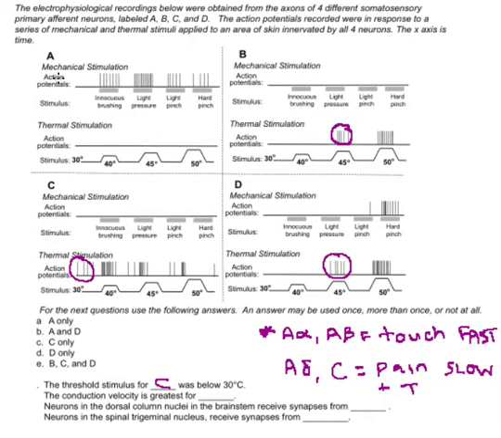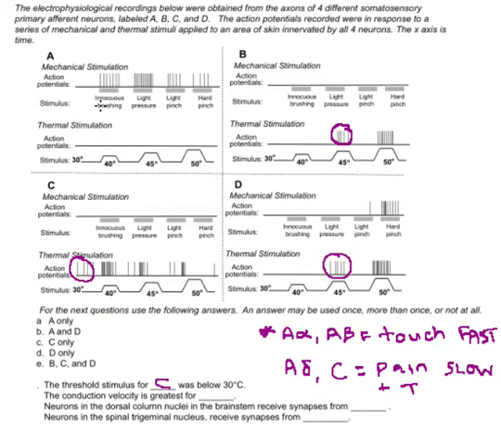So let's start with neuron A here. We have action potentials due to mechanical stimulation, and there are 4 categories here: innocuous brushing, which just means a very light touch, light pressure, and then light pinch and hard pinch, which are probably slightly painful.